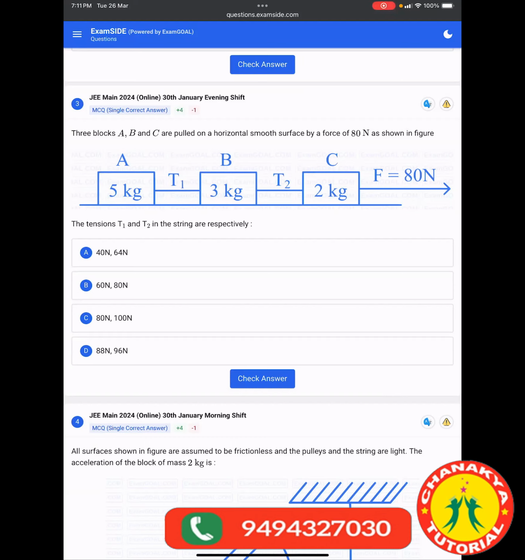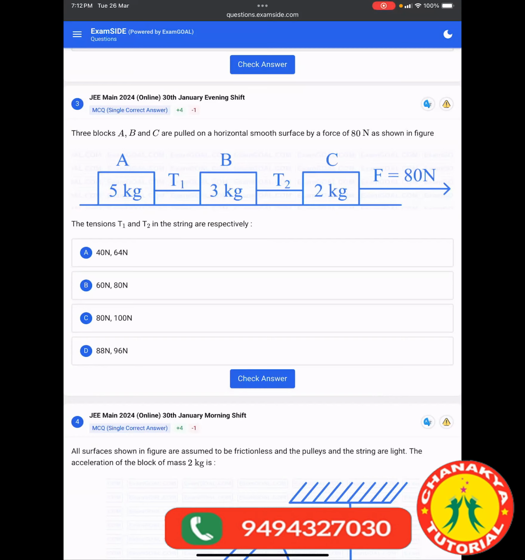T2 is supporting, T1 is opposing. Man, if someone is pulling you with 100 Newton in front and someone is pulling you back with 80 Newton, what will be the net force on you? 20. Then here what will it be? T2 minus T1. So T2 minus T1 is the net force. Net force equals mass into acceleration, 3 into A.